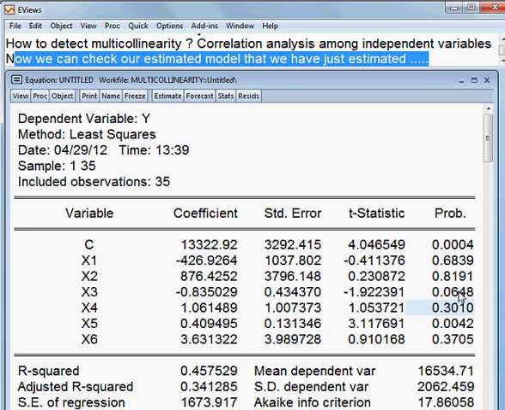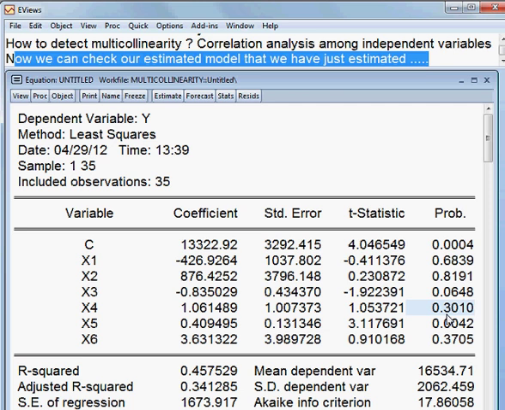That means x4 has a lower level of significance, because if the p-value goes down, the level of significance goes up, and when the p-value goes up, the level of significance goes down, right?